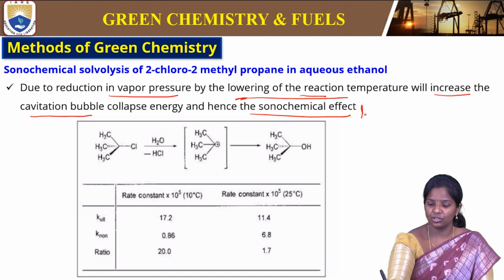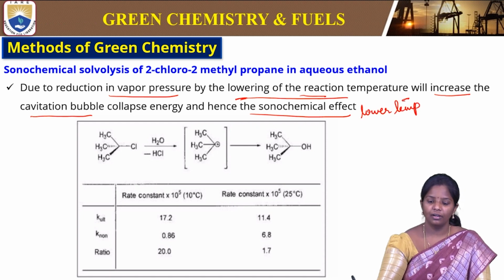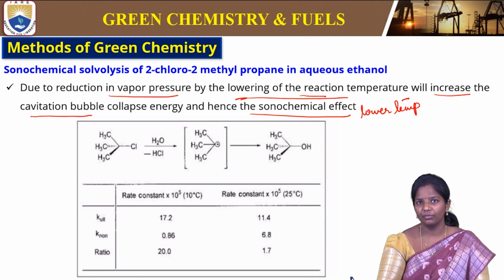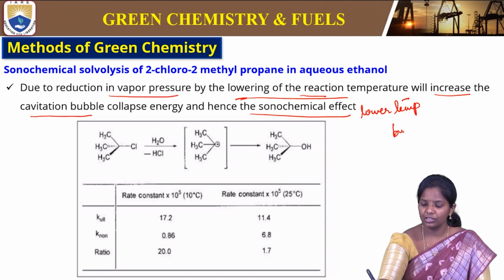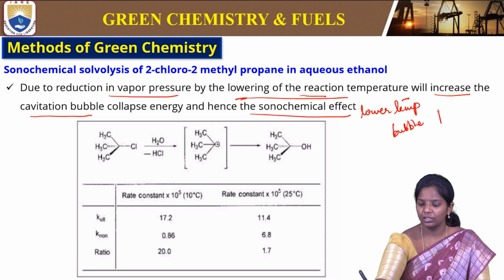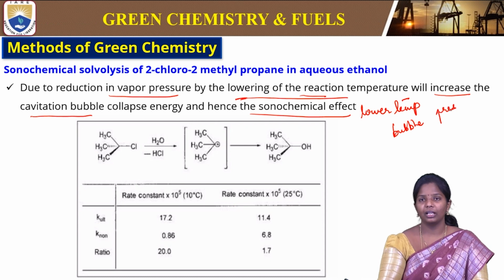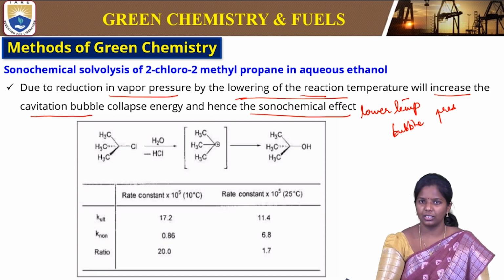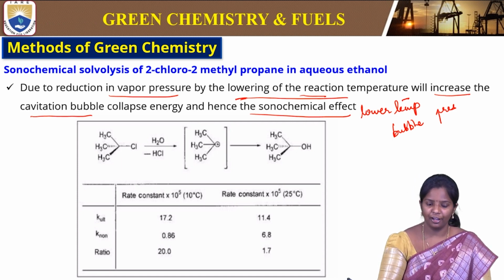Under lower temperatures, the vapor pressure will be reducing. So that will increase the bubble formation, and that will increase the collapse also. When the collapse is increasing, the energy produced also increases. That is nothing but the sonochemical effect.